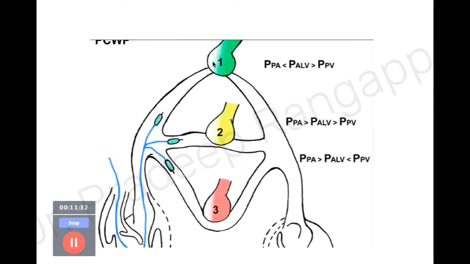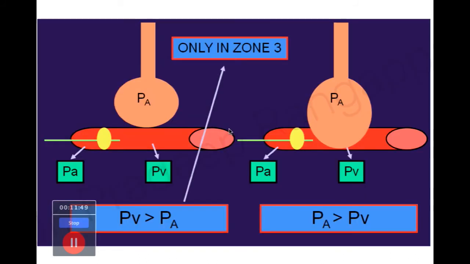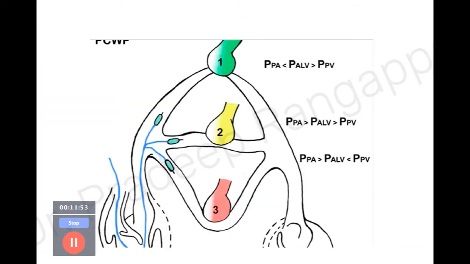So your alveoli is compressing, and alveolar pressure is more than pulmonary venous pressure. In zone 2, pulmonary artery pressure is more than pulmonary alveolar pressure, which is more than pulmonary venous pressure, because of what we saw in the previous figure. The ideal position should be zone 3.